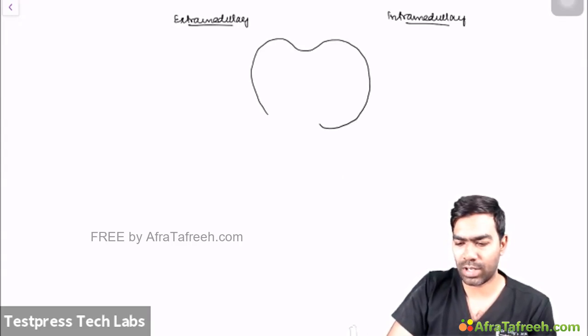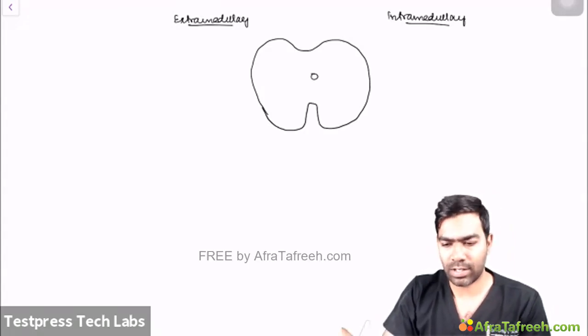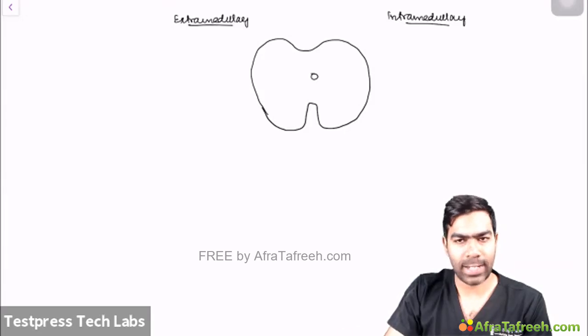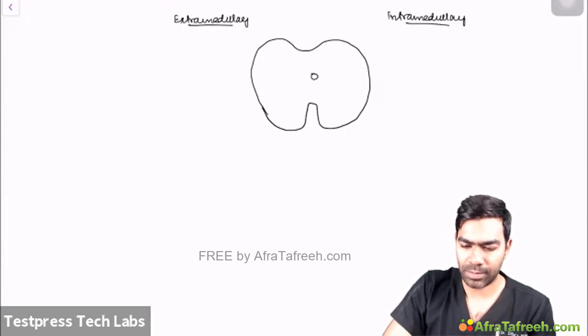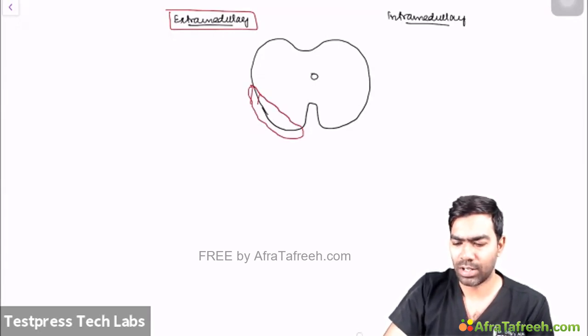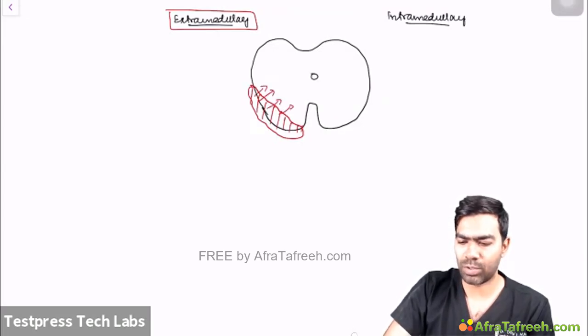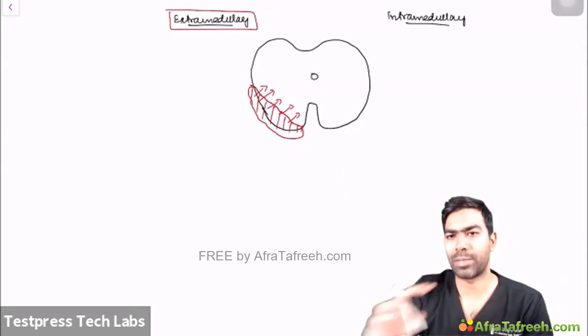So first of all, let us take the spinal cord like this. So to understand extramedullary, let me shade it in, let me put it in red. Extramedullary lesions will come from outside the spinal cord, isn't it? So usually there will be tumors. So they're going to compress from the outside like this, extramedullary.